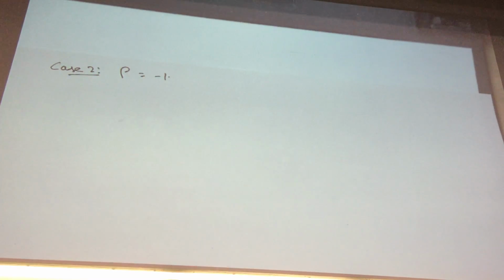Okay, so the next case is case 2. Rho equals -1 here.